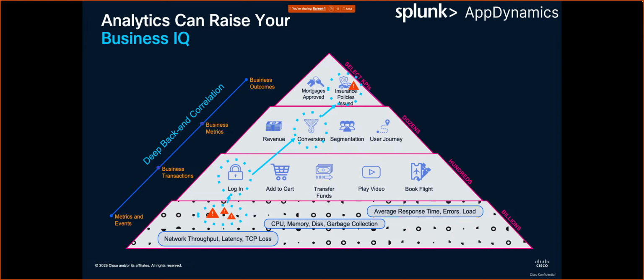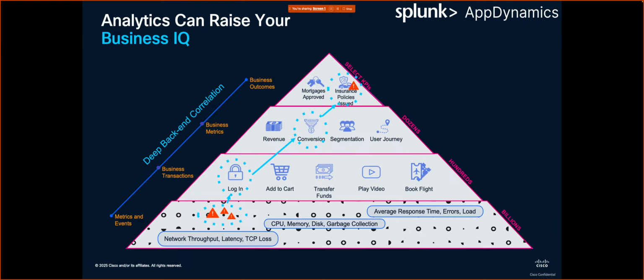If you're an SRE or DevOps or app ops, or whatever persona or hat you wear, you want to know that things are performing well. But what if you can go a level beyond that? What if you can have business intelligence? That's what Business IQ is. And analytics can help you raise it by helping you use the data that's in AppDynamics and correlate it to a real business impact.